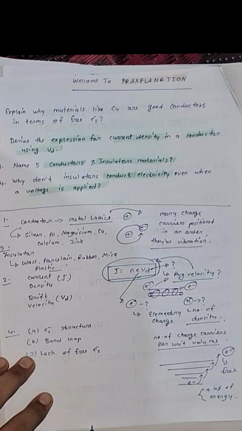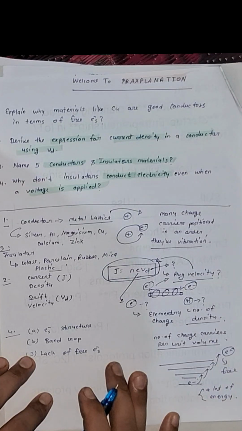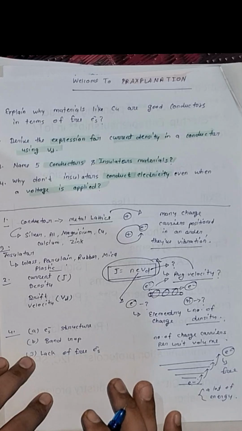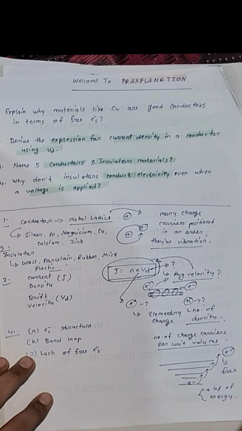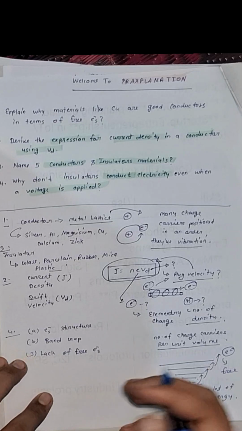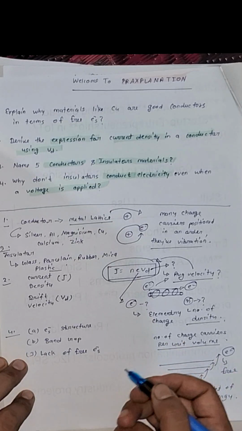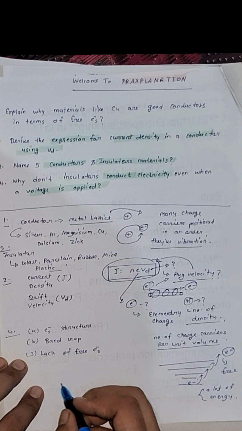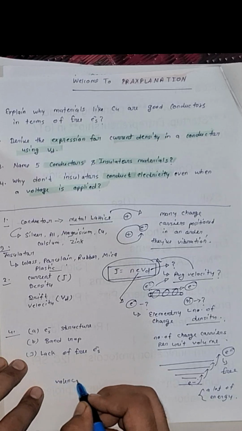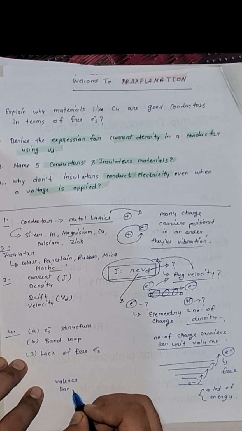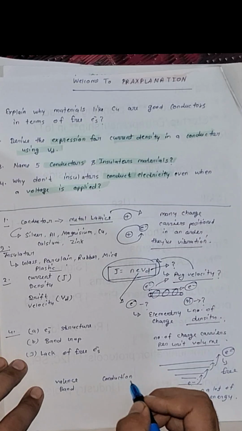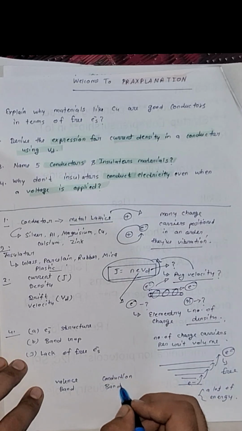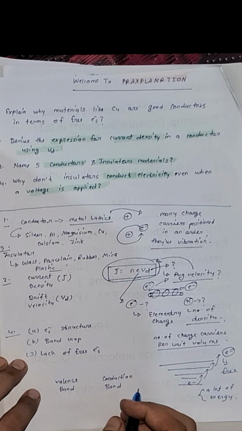The second one is band gap. What does this mean? A large gap between the valence band and the conduction band prevents conduction of electricity. Suppose that there is a valence band and there is a conduction band.